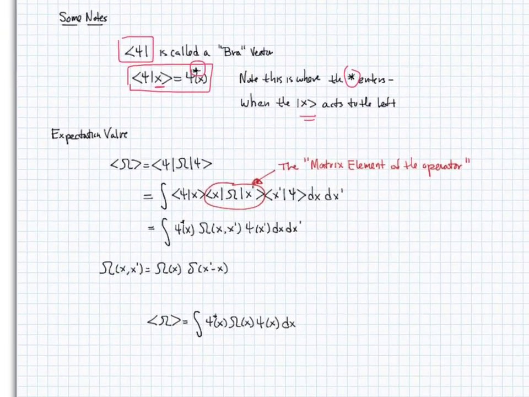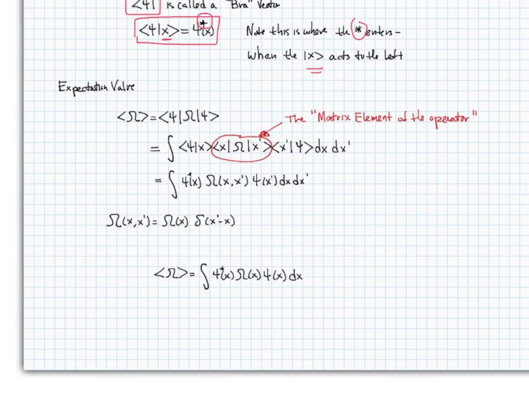It's probably fun at this point to do an expectation value. So look, the expectation value of an operator omega, right here. We write it abstractly like that. We sandwich it in between a bra and a ket. And this is the expectation value of that operator.